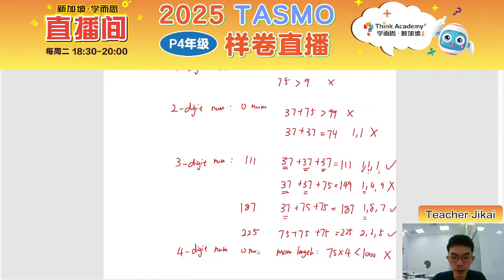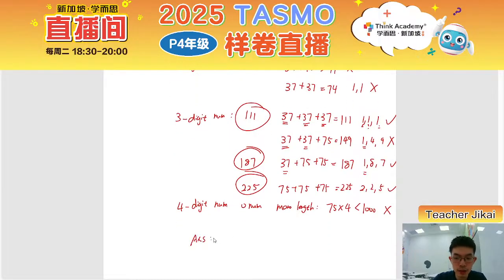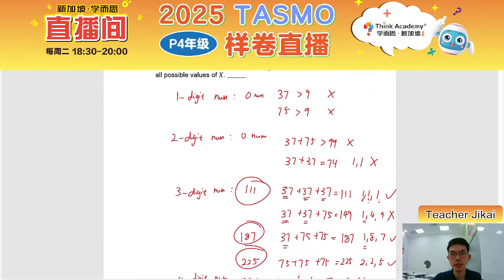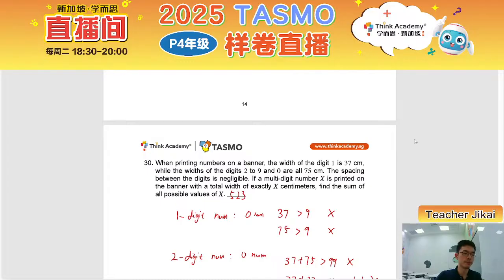So 0 number here. So we can just list. Yes, we have 111, 187, and 225 being the correct answers. So the final answer is just 111 plus 187 plus 225. Right? So it will be 523. So here, 523 will be our final answer.